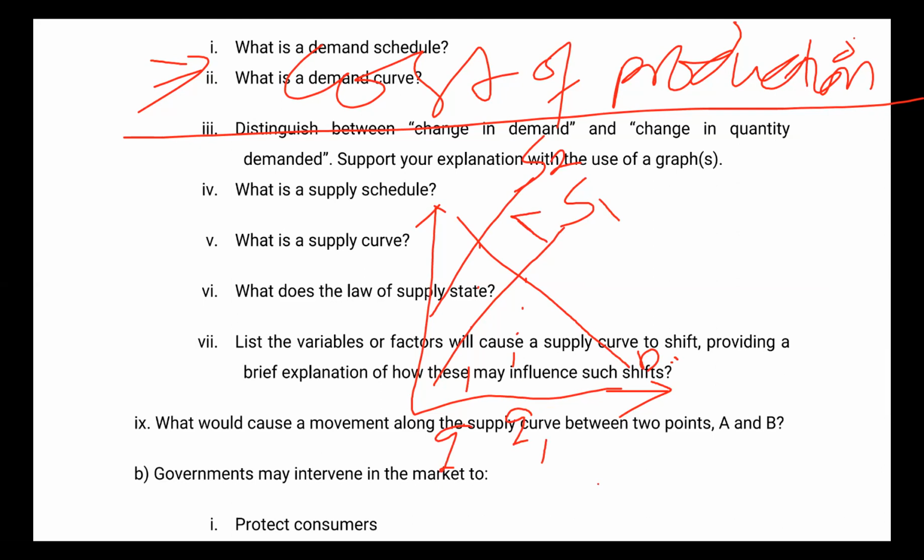When the cost of production increases, suppliers tend not to supply a lot of goods. So the supply curve will shift downwards. Like this? Yes. Do you mean this?